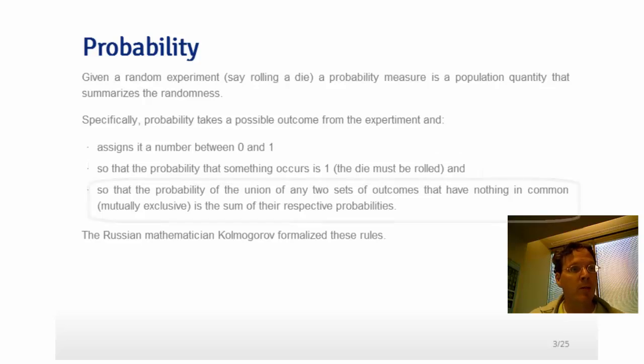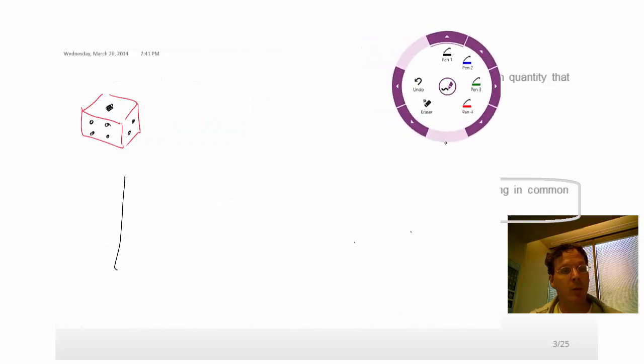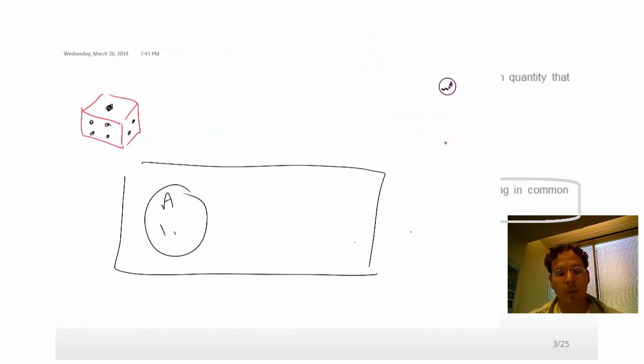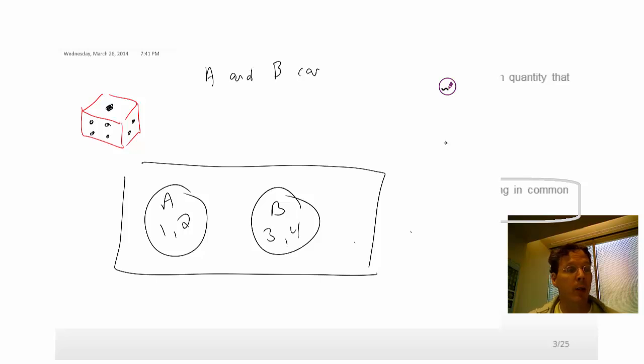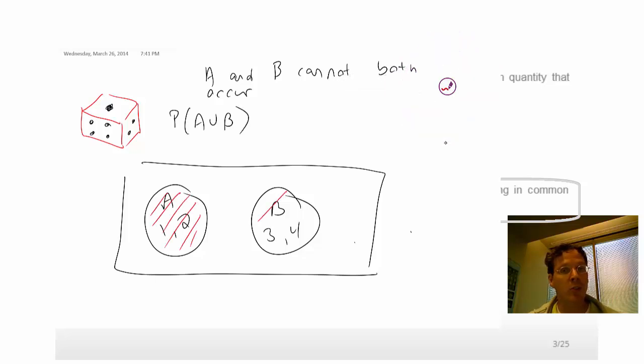And then the probability of the union of any two sets of outcomes that have nothing in common must be the sum of their respective probabilities. So for example, when I roll the die, one possible outcome is that I get a 1 or a 2. Another possible outcome is that I get a 3 or a 4. Those two sets are mutually exclusive. They cannot both simultaneously occur.